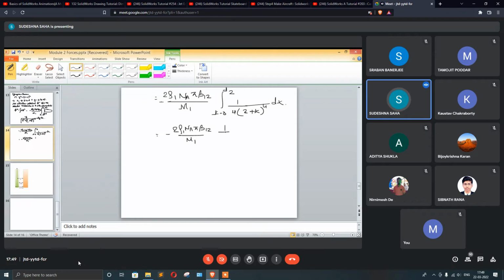This can be written in terms of 1 divided by z cube minus 1 divided by z plus d1 whole to the power cube, which is minus rho 1 Na pi beta 12 divided by 6 m1 into 1 divided by z cube minus 1 divided by z plus d1 cube.